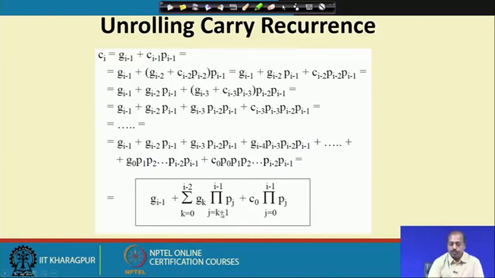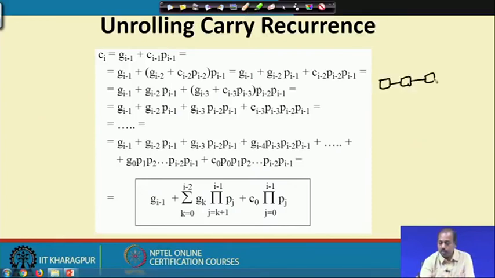So what we say is that we have got these stages. Whenever we are talking about this, this is the ith stage. At this point I have got this C i. This is the stage i minus 1.